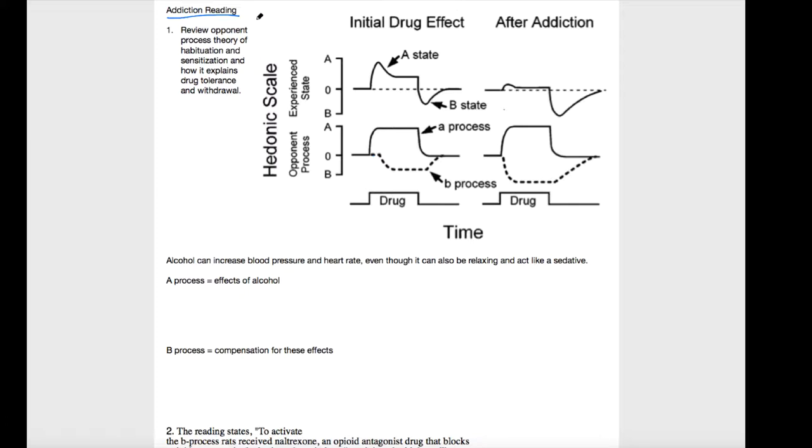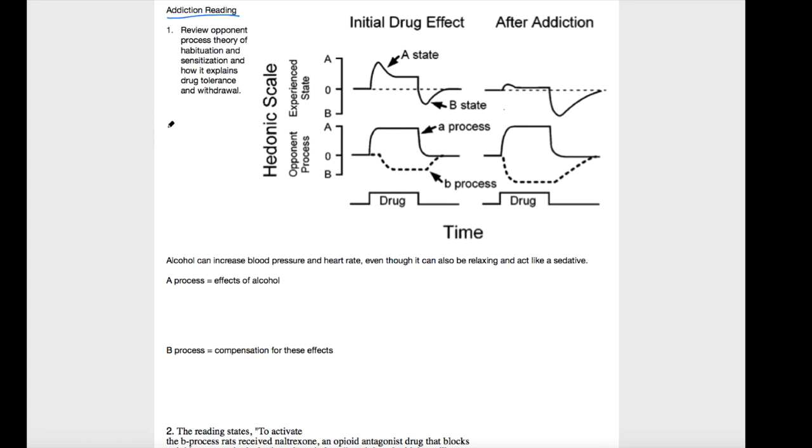So let's take a look at how some of the things that we've talked about in the learning section of the class relate to addiction. We're going to really focus on two different parts of the class so far.